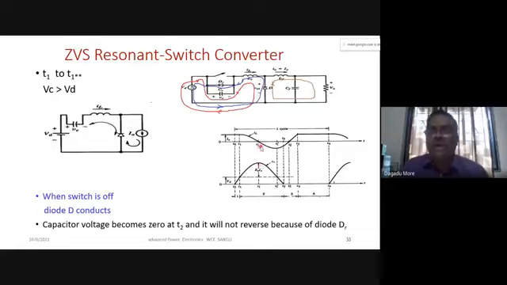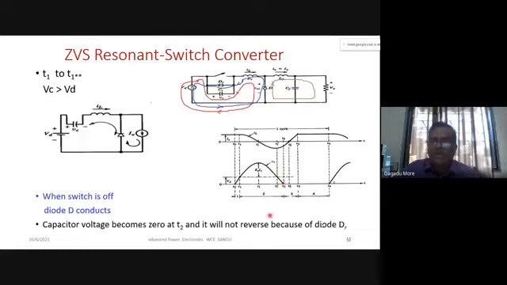When our current reverses its direction, that reverse current is shown with a blue color, and that same current is again passing through the capacitor, not the diode. That will be a reverse current, shown here. Because of that, our voltage again comes to zero.